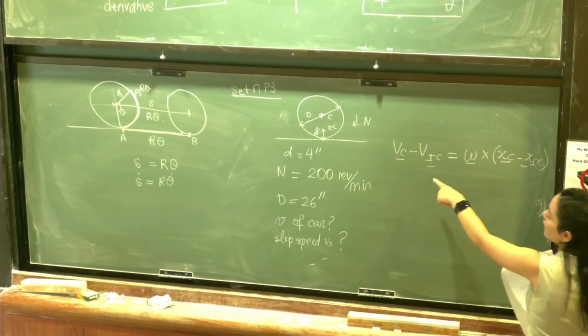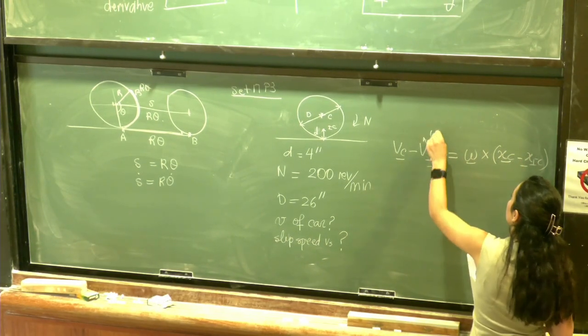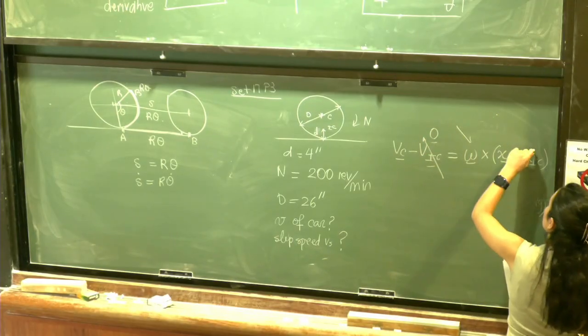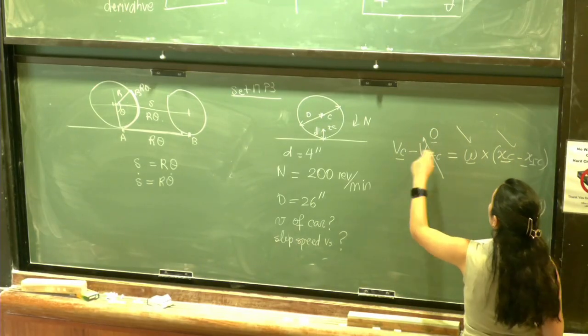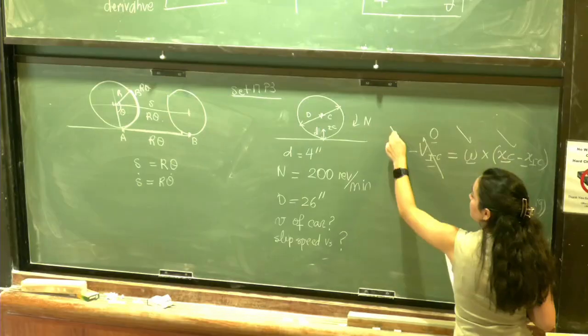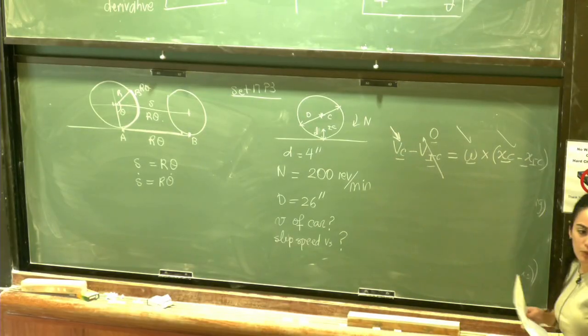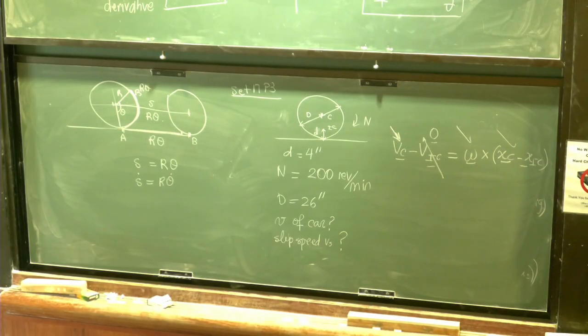And what is the velocity of IC? 0. Omega is given, the distances are given, so we can find vC, right? We can find our unknown vC. And then if I want to, any questions? That makes sense? What do I do if I want to find the slip speed?